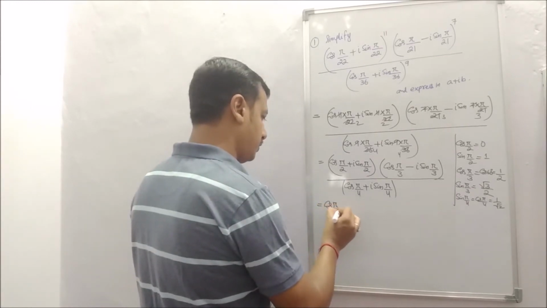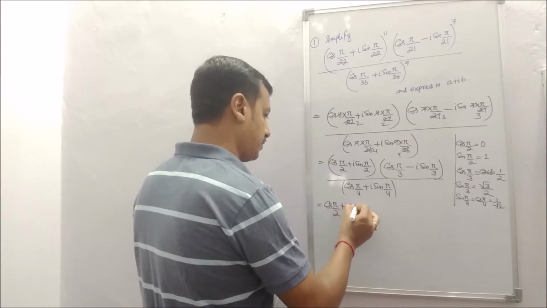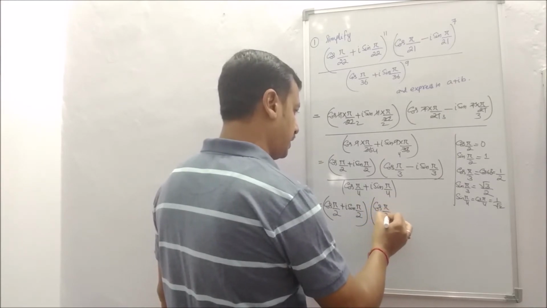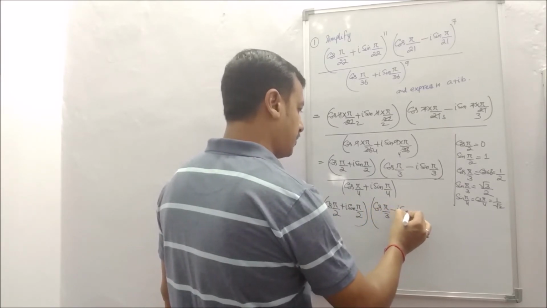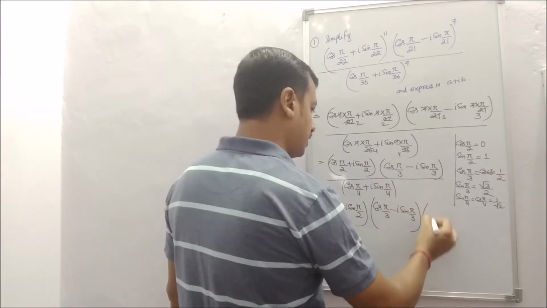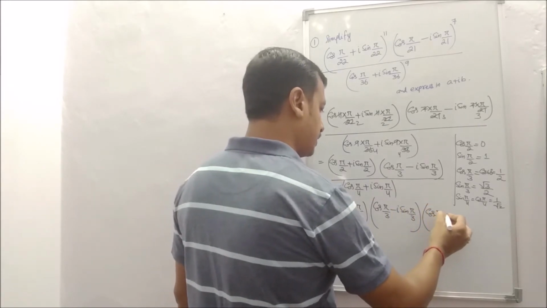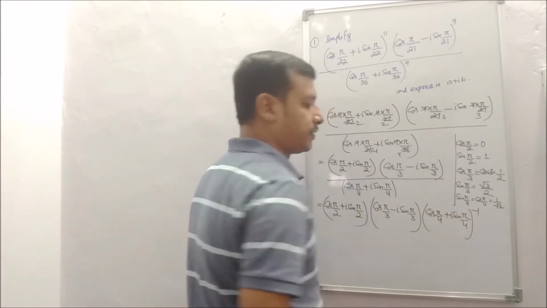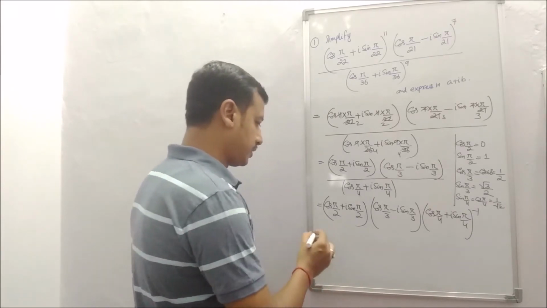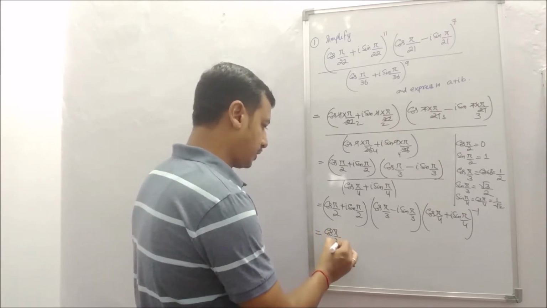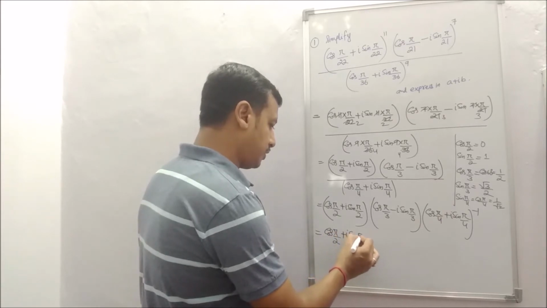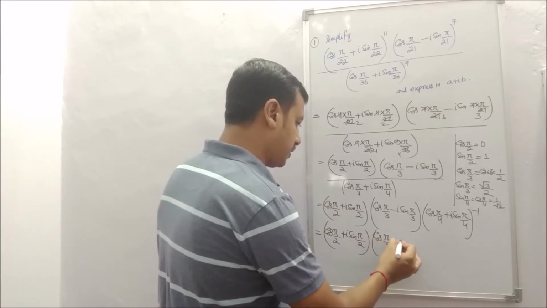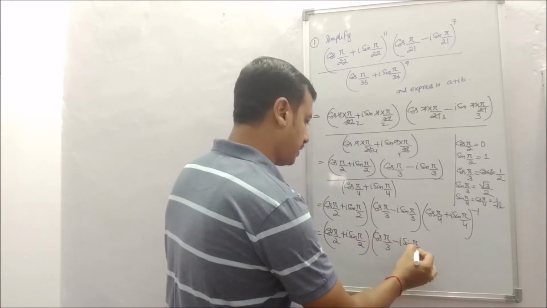(cos π/2 + i sin π/2)(cos π/3 − i sin π/3)(cos π/4 + i sin π/4)^−1. So next, cos π/2 + i sin π/2 and cos π/3 − i sin π/3.